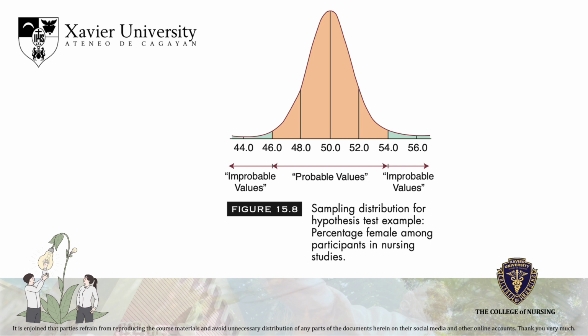We thus rejected the null hypothesis that the mean percentage of females in nursing studies was 50.0. We would not be justified in saying that we had proved the research hypothesis, because the possibility of having made a type 1 error remains. But the possibility is, in this case, remote.